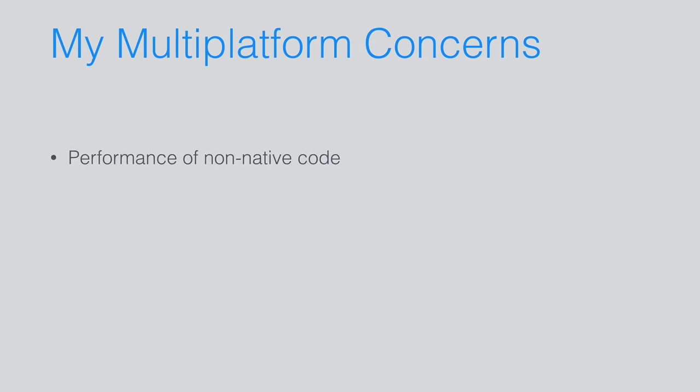I have several concerns when it comes to multi-platform stuff, things like React Native, Cordova, Xamarin, those other things. Performance is a huge concern, especially when we're talking JavaScript bridges and all that kind of stuff of non-native code.